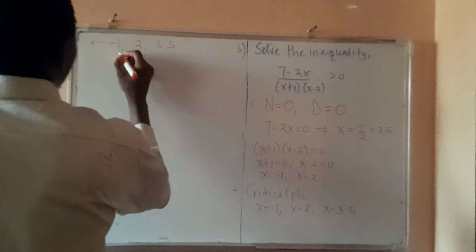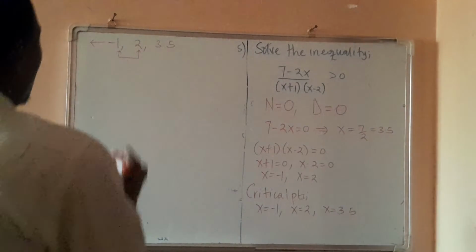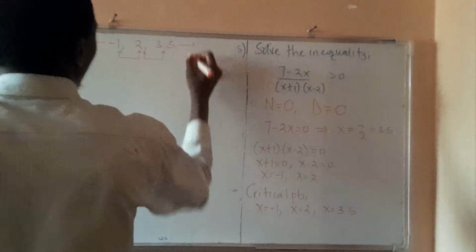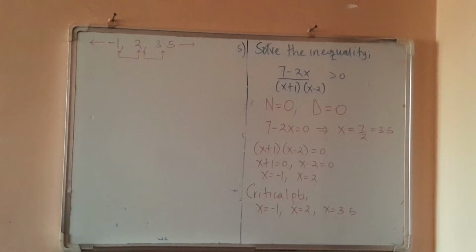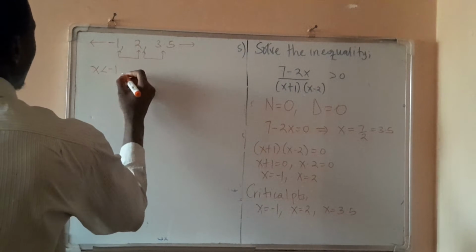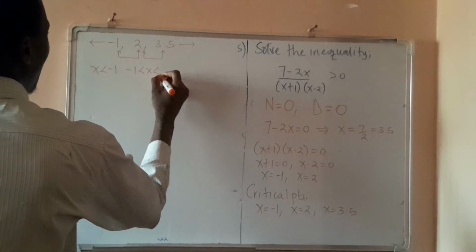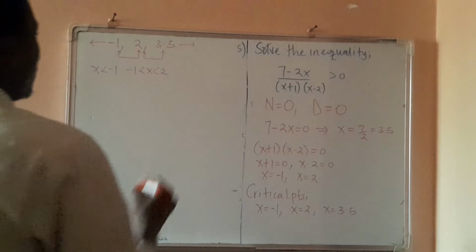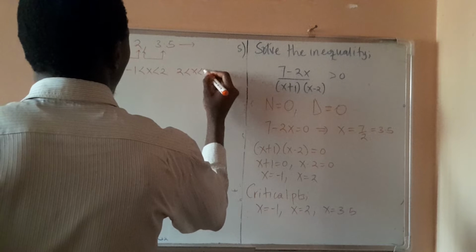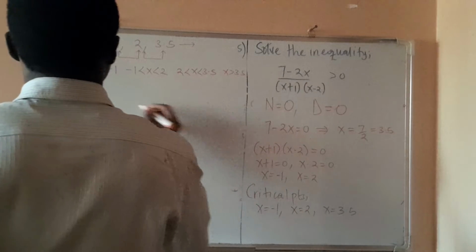Also, what happens for values in between -1 and 2, the same applies to in between 2 and 3.5, and also for values above 3.5. So we shall have values x less than -1, then values between -1 and 2, also values between 2 and 3.5, then values above 3.5.